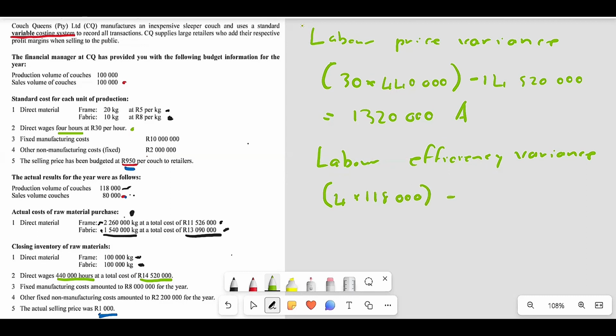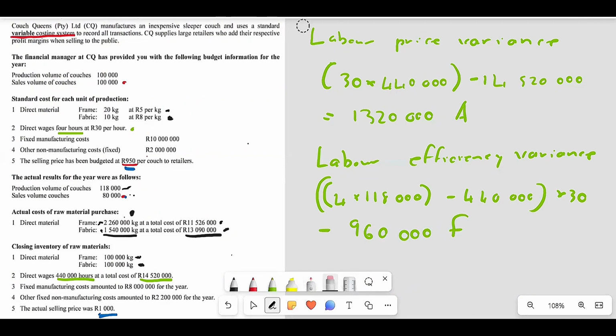Minus our actual hours, right? Multiplied by the budgeted rate of 30 rand per hour. So therefore, this gives us an amount of 96,000, which is favorable as it is positive.